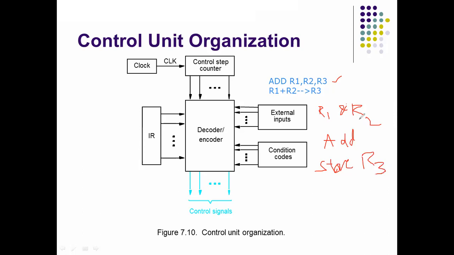So to execute this instruction, we need 3 steps here. Each step is done in 1 clock cycle. This number of steps depends on the instruction which is given.